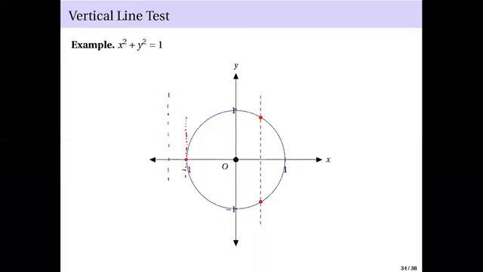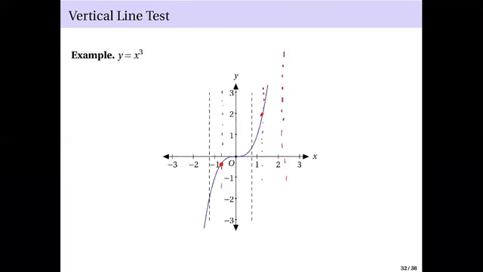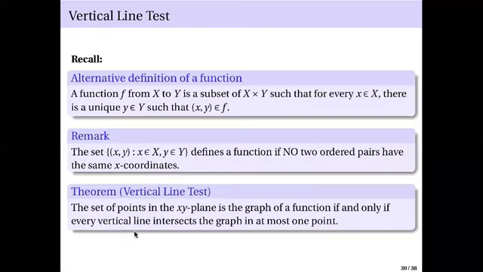So, any question with the use of vertical line test? Take note, the vertical line test tells us that you need to use every vertical line. And there are infinitely many of them. This vertical line test is a good test to prove that a certain equation or a certain relation is not a function.